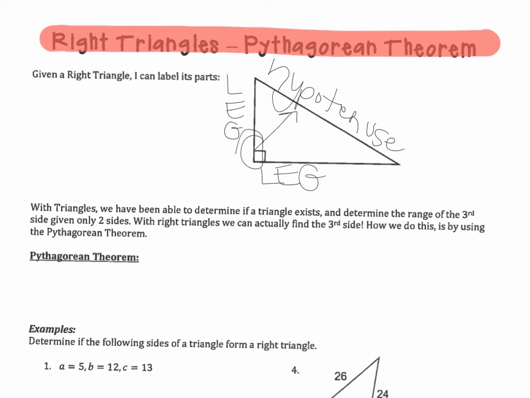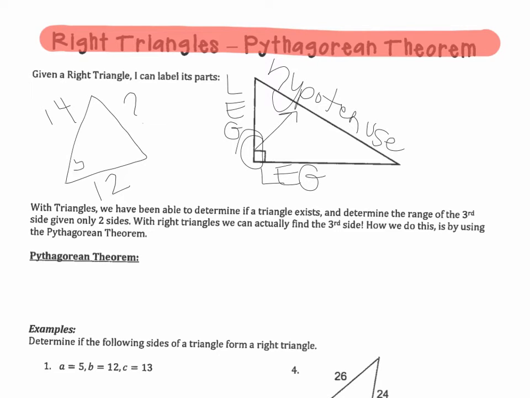So the awesome thing about right triangles is you can answer a lot of questions about them. So, if I gave you a triangle that looked like this, and I said 14, and we'll say 12, is there any way that I can find this third side? I can't figure out this third side because I don't know what it could be. Okay?